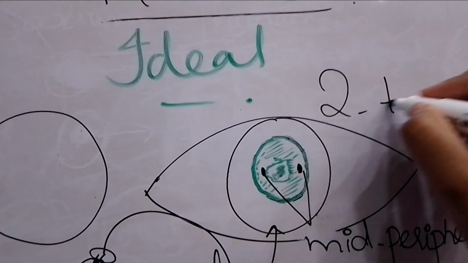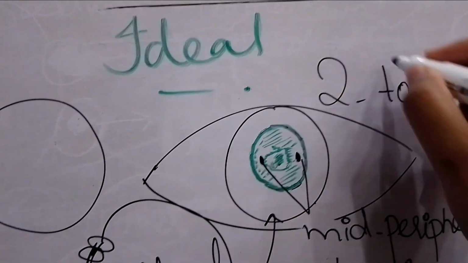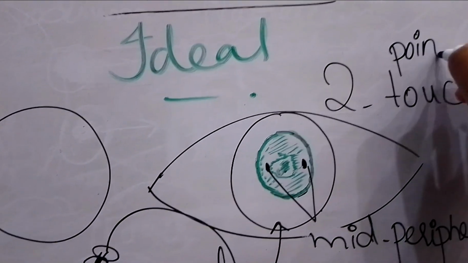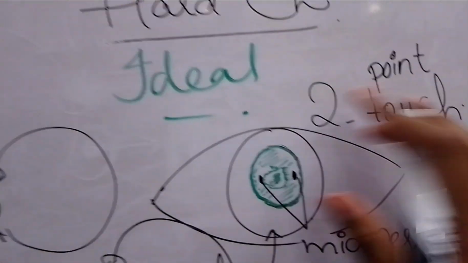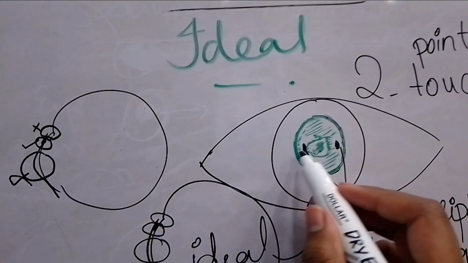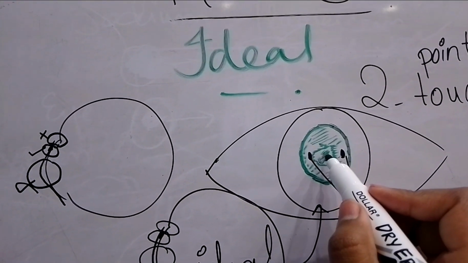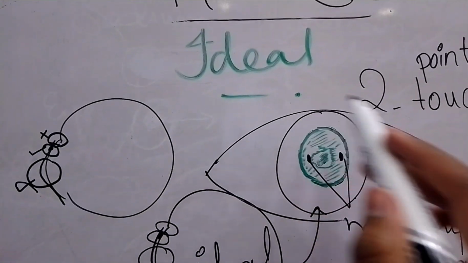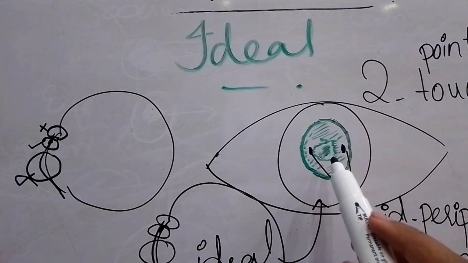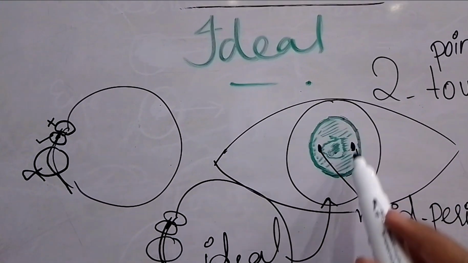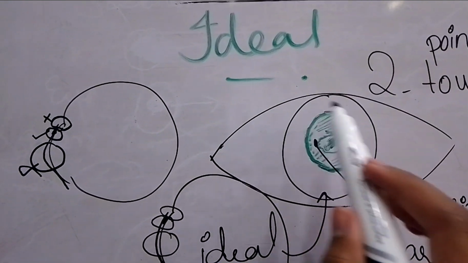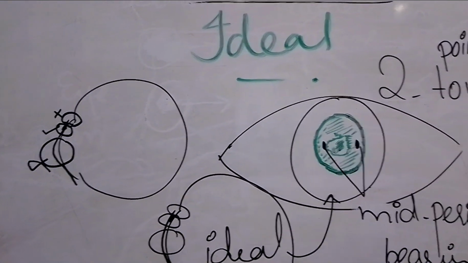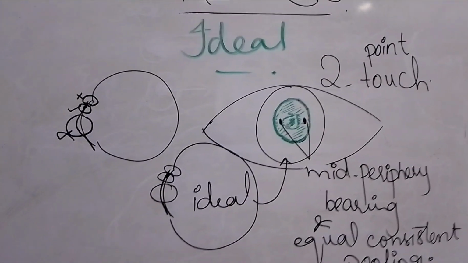So there are 2 point touches at the mid periphery and little pooling in the apex, while the central pooling is vibrant and equal and consistent throughout the contact lens, which is increasing at the edge. So this is an ideal fit, right?